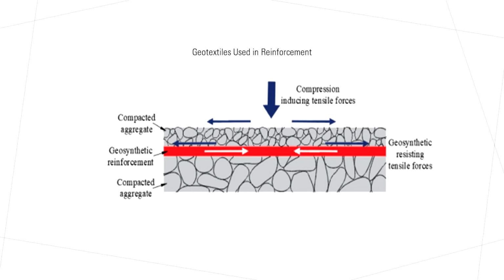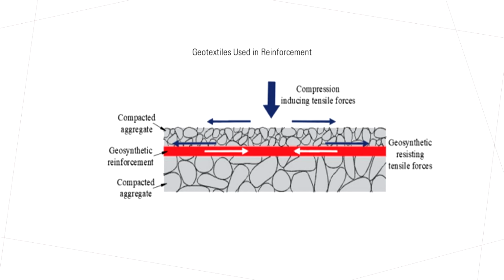Geotextile used in reinforcement. Geotextile is placed in the interior of the soil as reinforcing material, which combines with the soil to form a reinforced composite soil. Compared with the unreinforced soil, the strength and deformation performance of the reinforced composite soil improve.